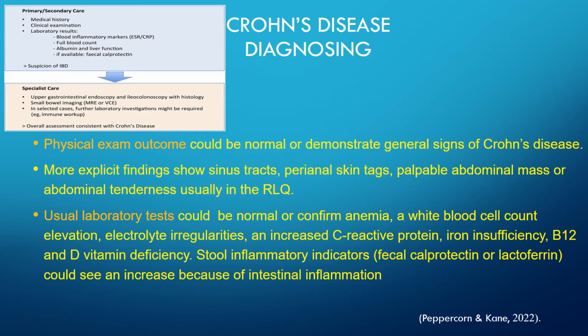Usual laboratory tests could be normal or confirm anemia, white blood cell count increase, electrolyte irregularities, increased C-reactive protein, iron insufficiency, and B12 and vitamin D insufficiency. Stool inflammatory indicators could be fecal calprotectin or lactoferrin, and could be increased because of intestinal inflammation.